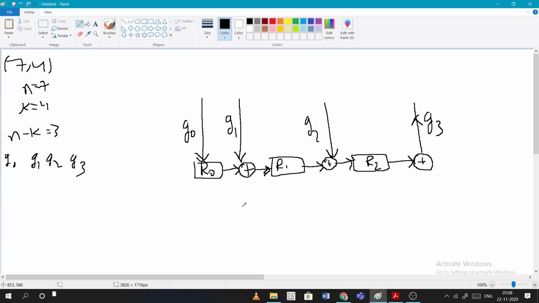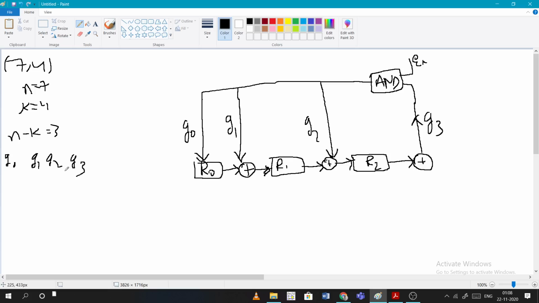Here I will tell you how it works, then you will understand how the direction of the arrows should be. There will be an AND gate, and one of the inputs is called the enable pin. All the G's are connected to this one.